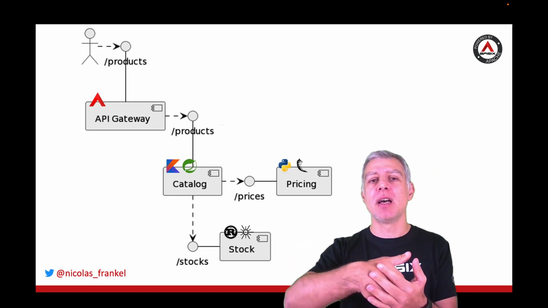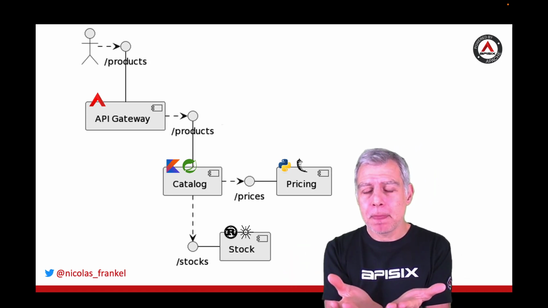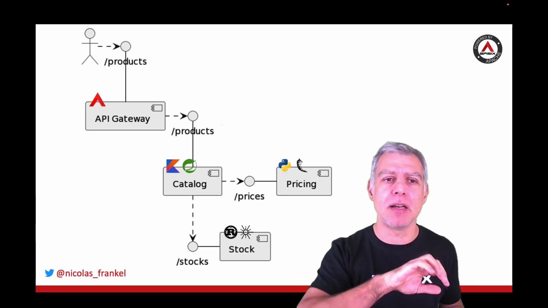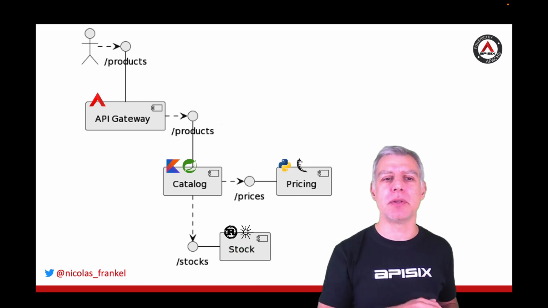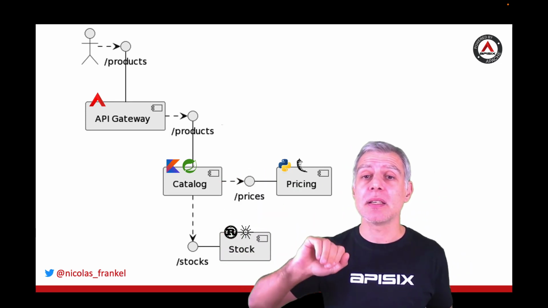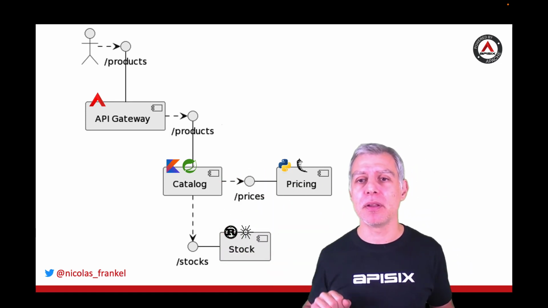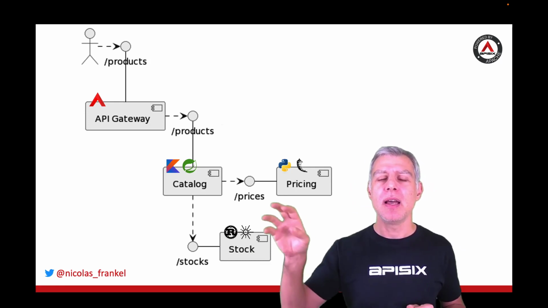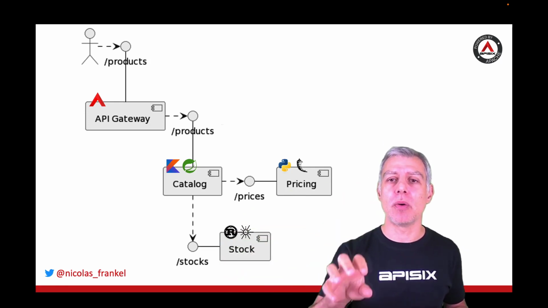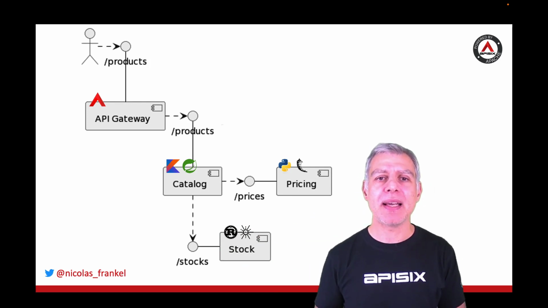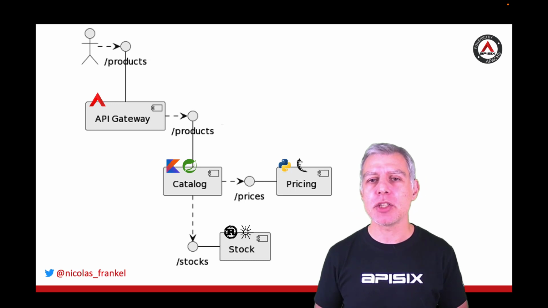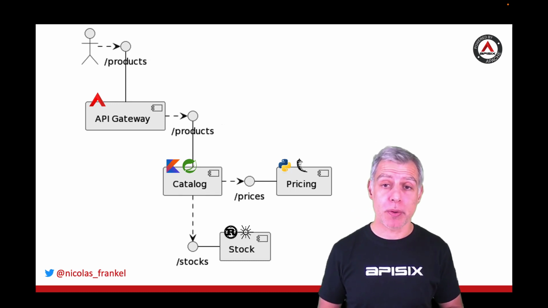Actually, it gives products API, and then it has the detail for the product itself, but it relies on two other components. The one for the pricing is implemented in Python through a Flask framework application, and for the stocks, so how many items do I have in which warehouse, I have created a Rust application using the Axum framework.